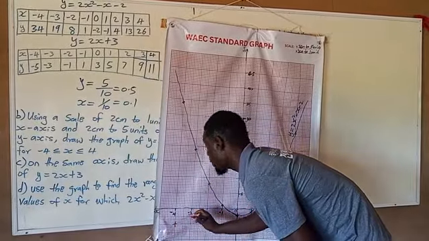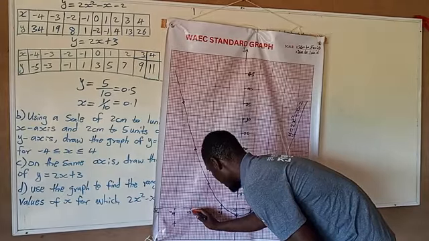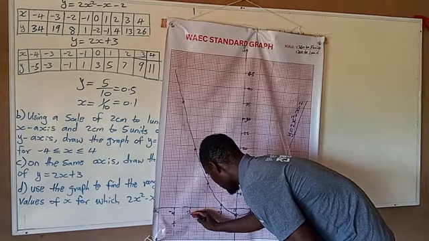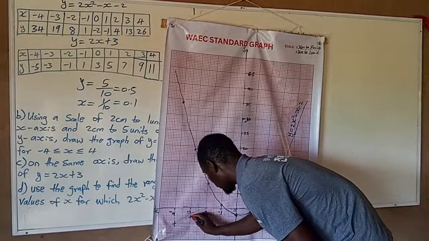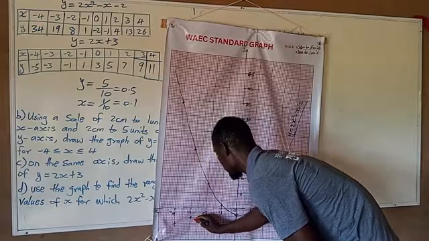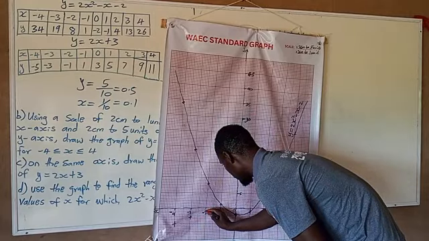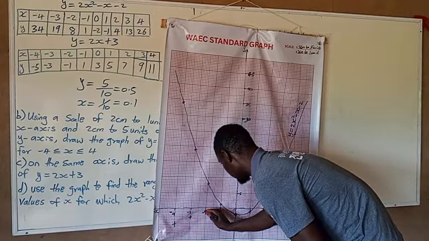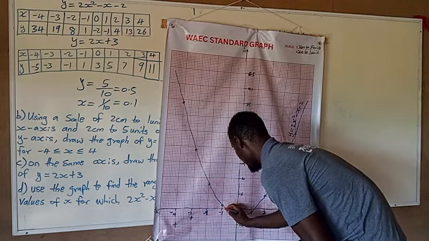When x is minus 3, y is minus 3. So I count 1, 2, 3. When x is minus 2, y is minus 1. When x is minus 1, y is 1.